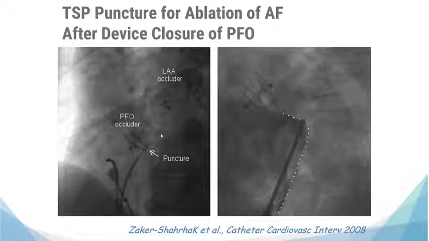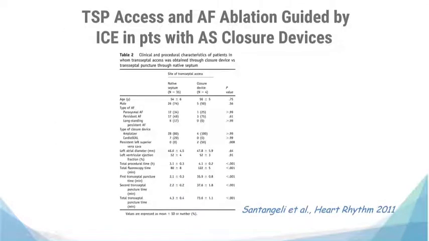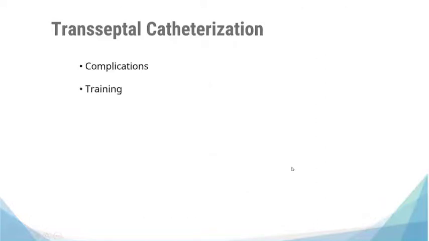If the occluder is relatively small and has been positioned to close a patent foramen ovale, which is a little bit higher, we still have the fossa available to be punctured, and then we can accomplish simply the procedure. When the closure device obliterates the fossa ovalis, that is another problem, and then it could be done, but then it's a quite difficult procedure.